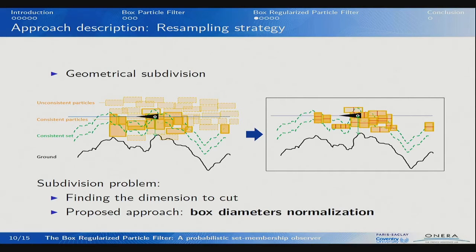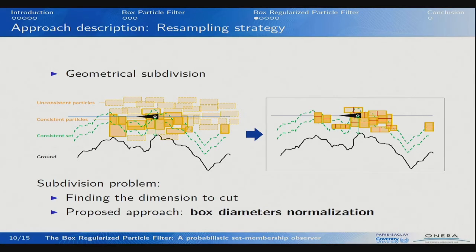Several solutions have been proposed. For example, randomly picking one dimension, because it is general. We can subdivide around all dimensions if we consider the whole box particle cloud. But the problem is that it is not really optimal, because we can end with badly proportioned box particles.